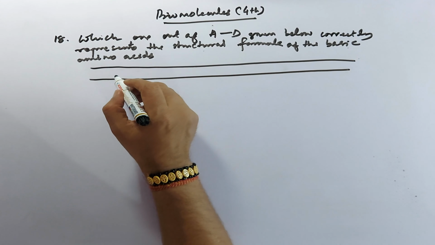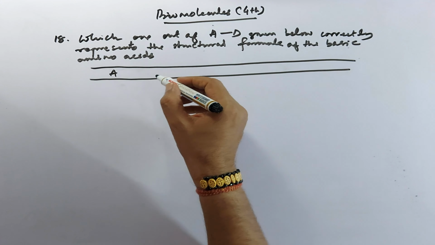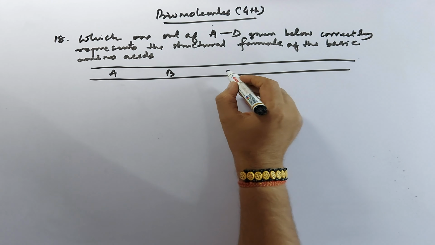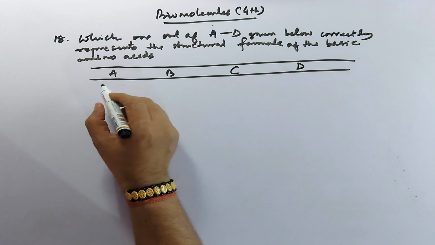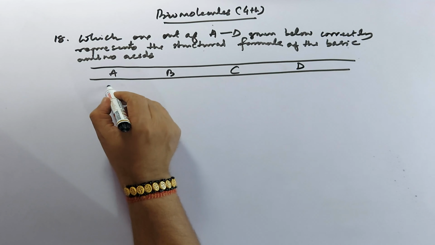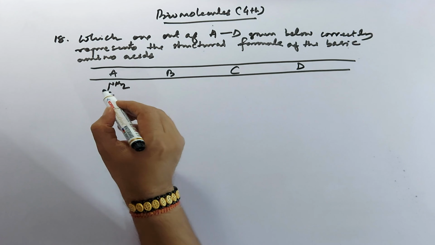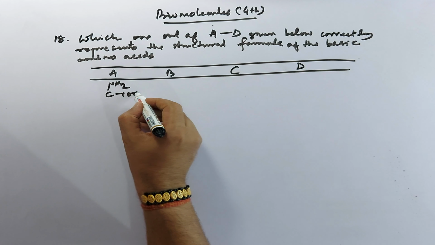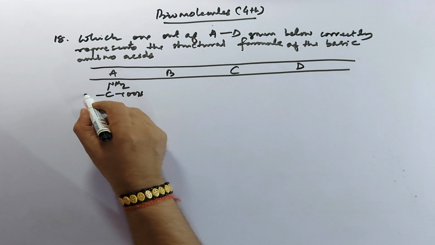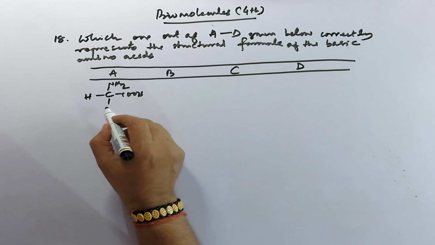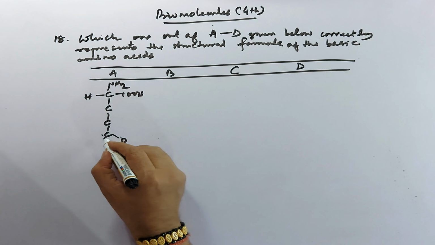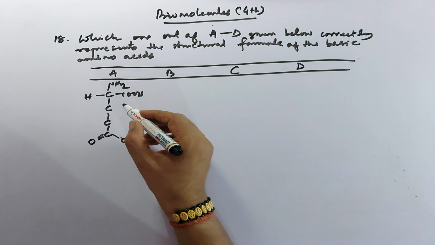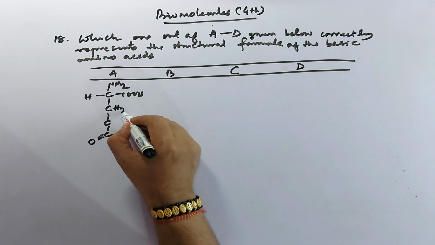different molecules. So this is A, this is B, this is C, and this is D. In A, NH2, COOH, and here H is there, and this is CH2.